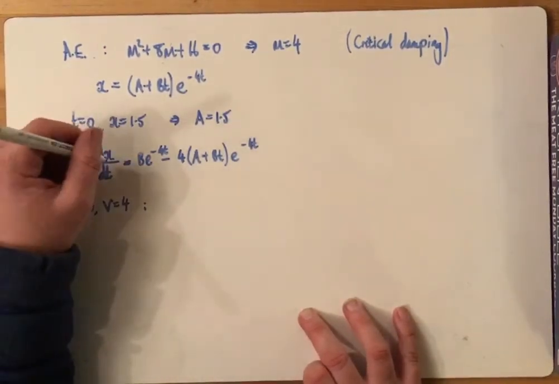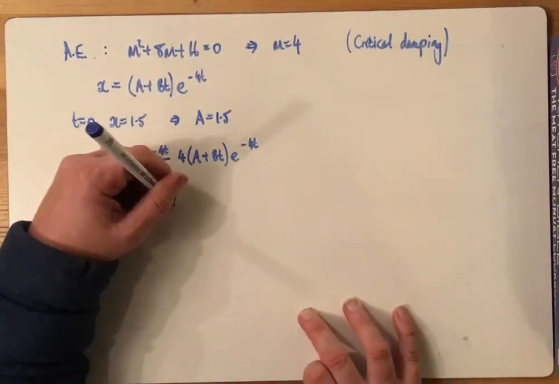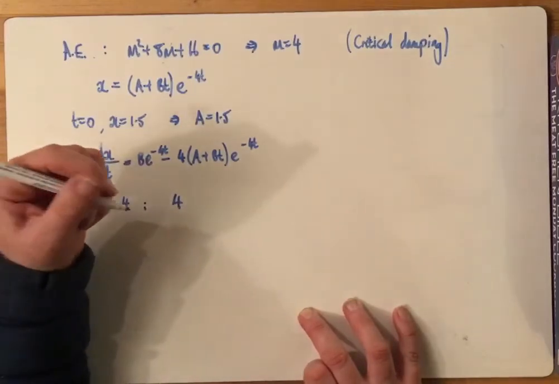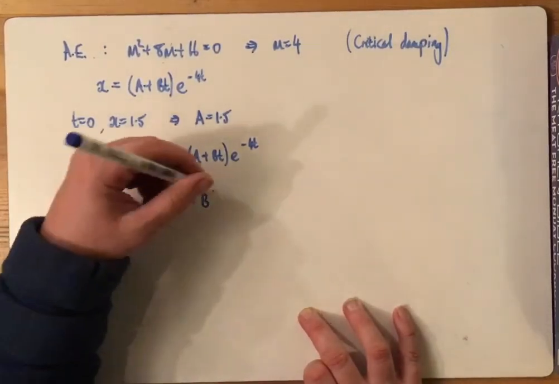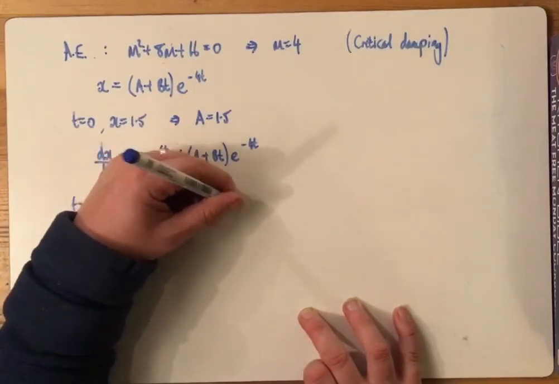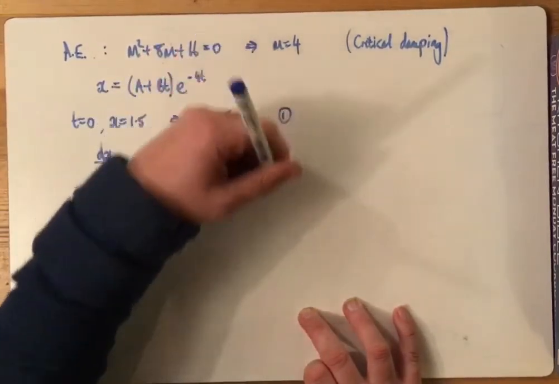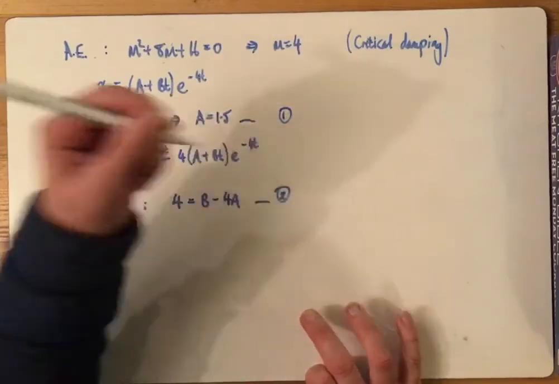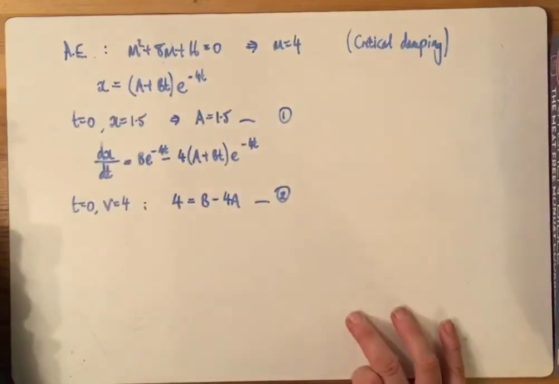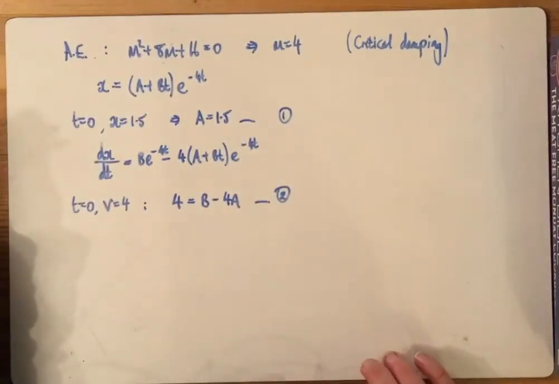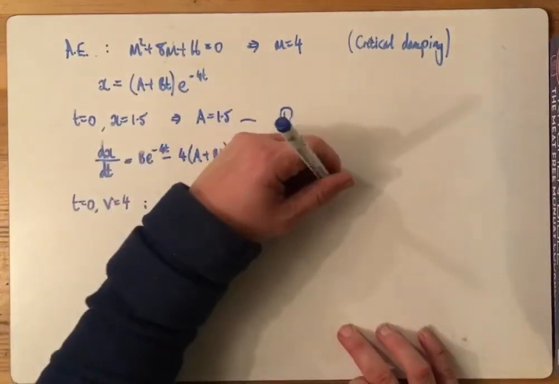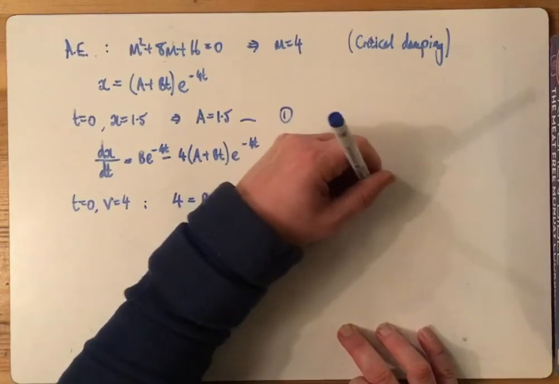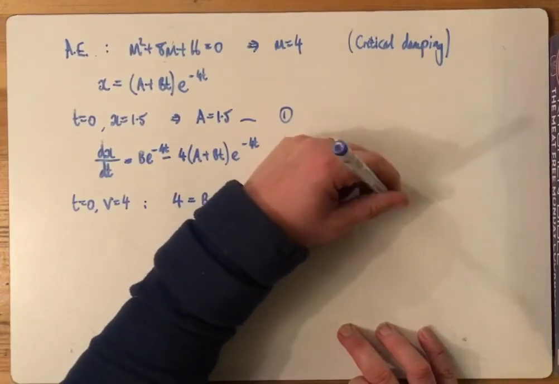And so dx/dt is 4, and that is going to equal b minus 4a. So you just pick up your two simultaneous equations, solve them. We know that a is 1.5 actually, sorry, so that's just going into here, and so from there b is equal to 10.